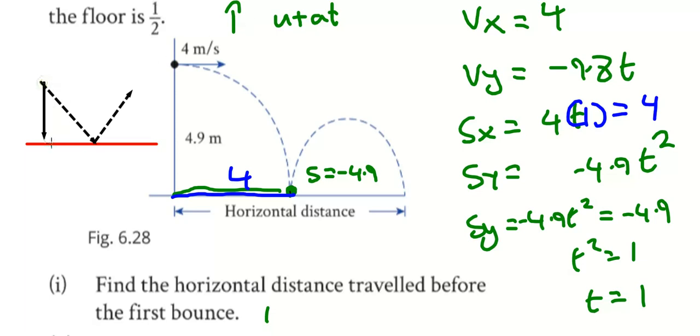Now, how fast is it going across? 4 across, yeah? How fast am I going down? Does anybody know? Vy we're looking for, so replace t with 1. Minus 9.8 down and 4 across.